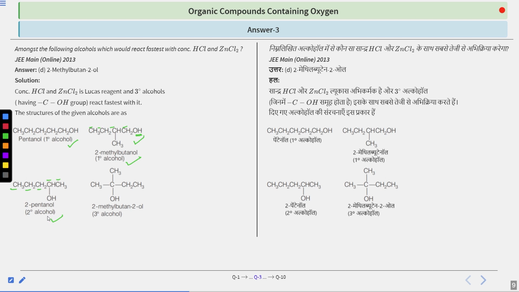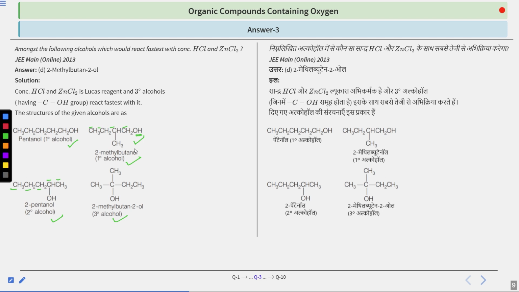While in option D we have a tertiary alcohol named 2-methylbutane-2-ol. Butane means in the main chain we have 4 carbons. At the second position we have a methyl group, and at the second position only we have a hydroxyl group attached. So this is a tertiary alcohol because the OH group is attached to the carbon which is directly attached to 3 carbons.